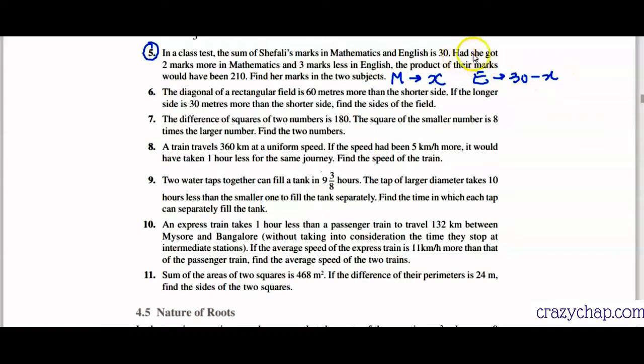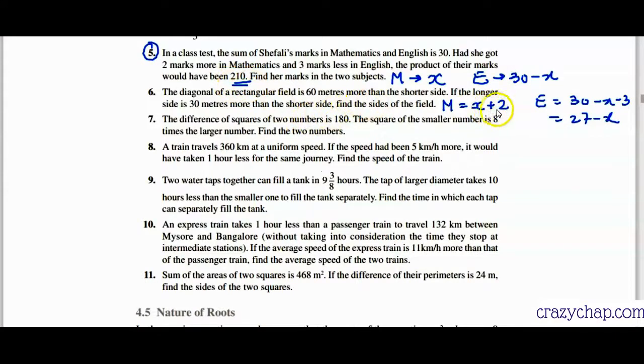Okay. Now the condition is, had she got 2 marks more in maths, okay, so we have a new condition. If maths marks is 2 marks more, so x plus 2, and 3 marks less in English, English marks is 3 marks less, so 30 minus x minus 3, which means 27 minus x, right? So if this happens, the product of their marks would be 210.